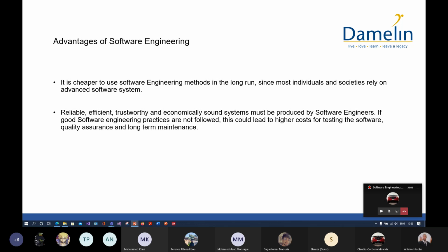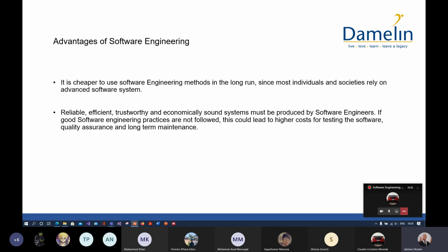Okay. So what are some of the advantages of software engineering? It is cheaper to use software engineering methods in the long run, since most individuals and societies rely on advanced software. You know the saying, if you do something right the first time, then you don't have to keep on repeating it in the future.